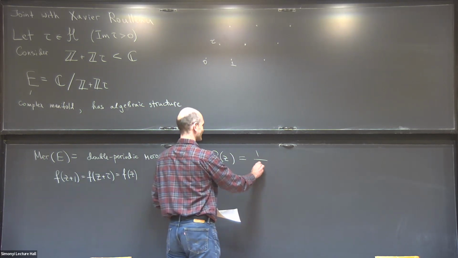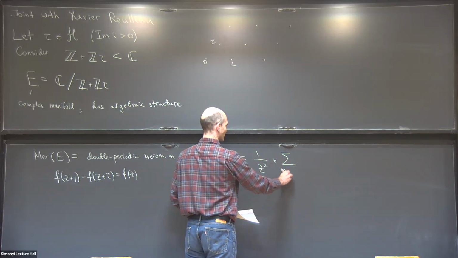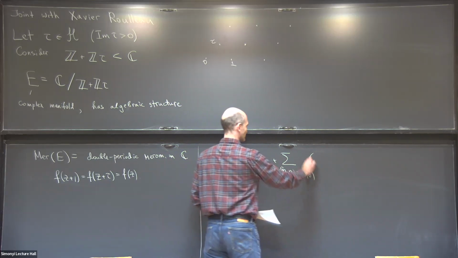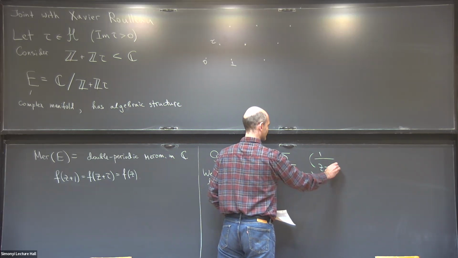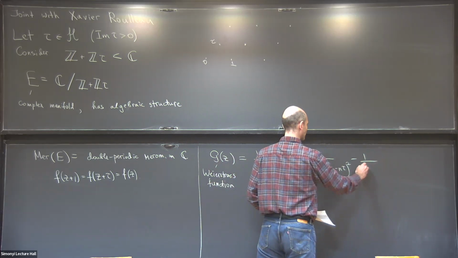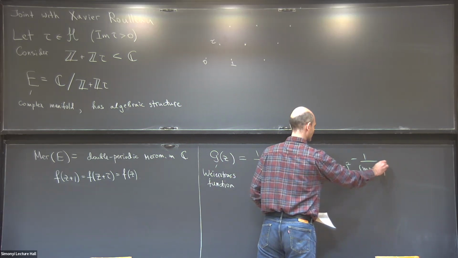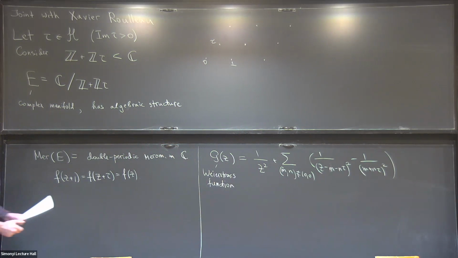And it's something like this, if I remember it right. Anyway, some specific series that converges absolutely on compacts and gives you this nice double periodic meromorphic function.